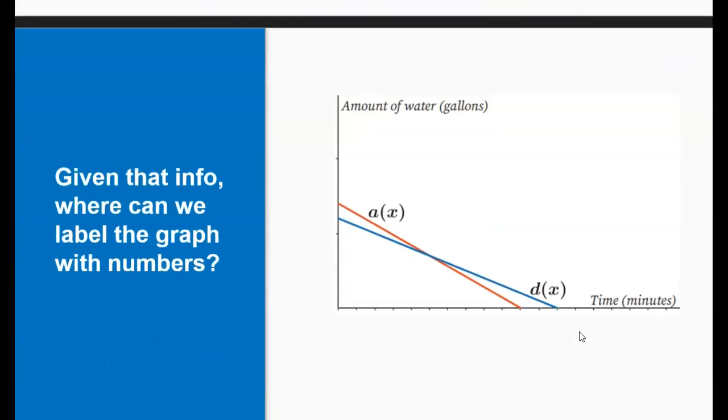So given that info, where can we label the graph with these numbers? Let's see, we said d of x was negative 1,000x plus 24,000 gallons to start with. And we also know that it drained in 24 minutes.